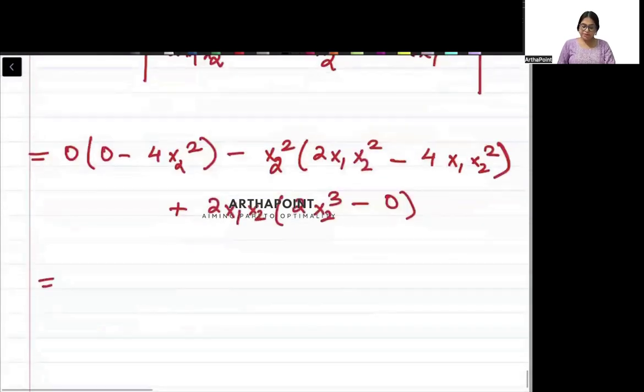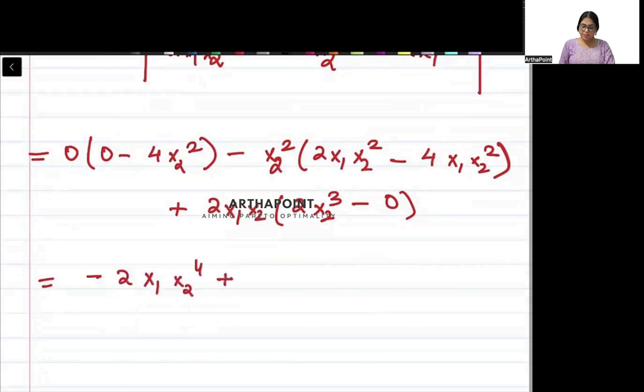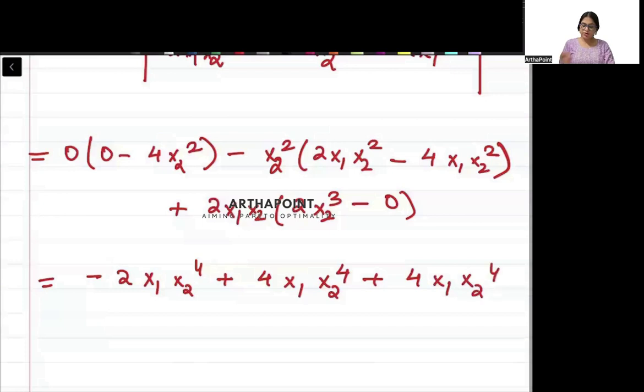This will give me minus 2x1x2 to the power 4 plus 4x1x2 to the power 4 plus 4x1x2 to the power 4. So 8 minus 2, 6x1x2 to the power 4.